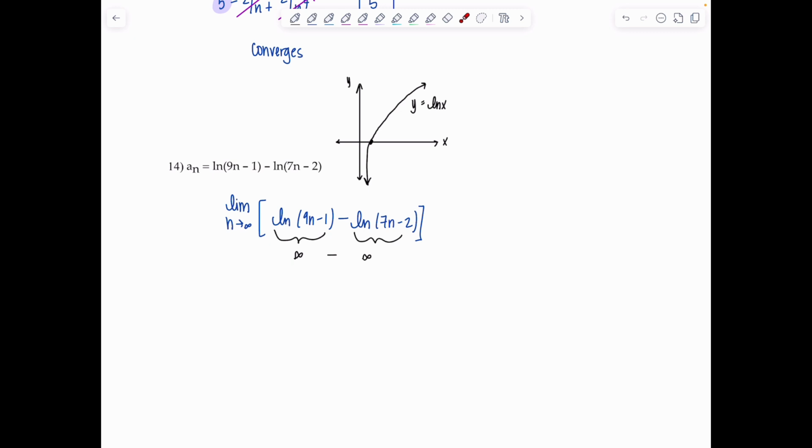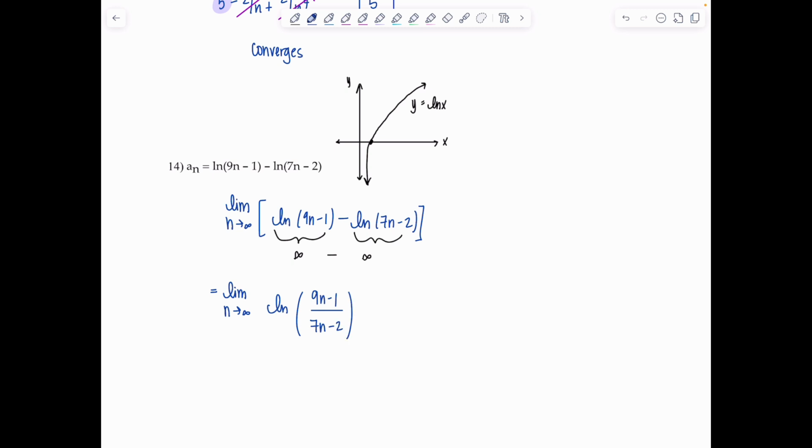Okay, so what do? There's a slew of things, but anytime I see natural logs and I've got this indeterminate form, I go, oh, I'm just going to use my log properties, squish these guys, and write them as one logarithm. And then pretty much problem solved, you know? So this is the limit, n goes to infinity, natural log. I'm going to write it as (9n minus 1) over (7n minus 2).